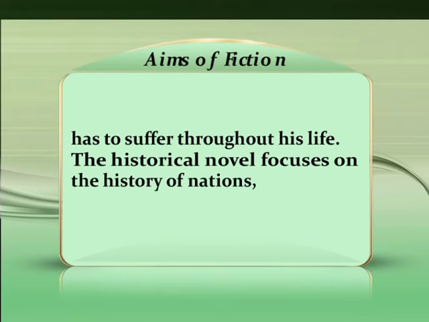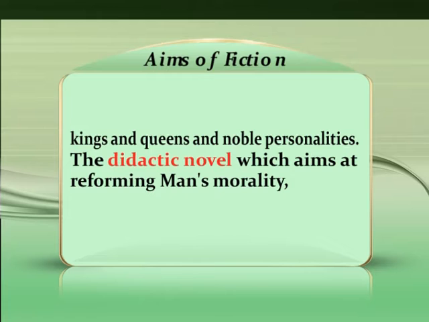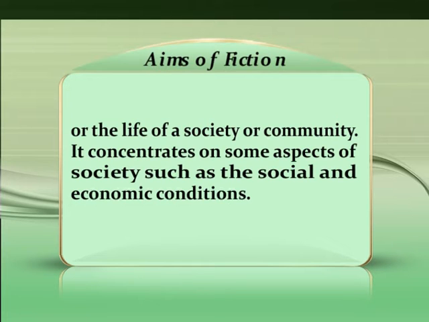life. Next, we have the historical novel, which focuses on the history of nations, kings, queens, noble personalities, and dignitaries. The didactic novel aims at reforming man's morality. The social novel deals with the life of individual people or the life of a society or community.